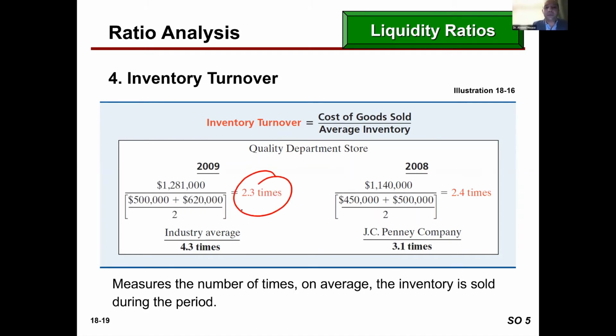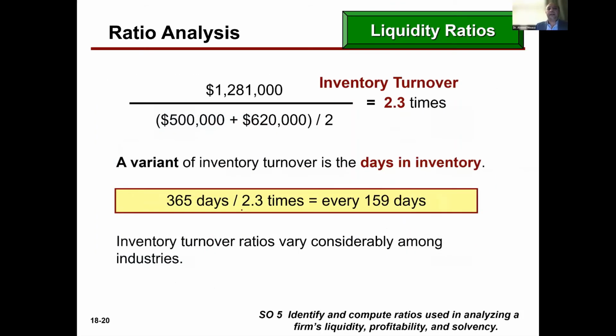What is the benefit of this one? The benefit of this one is in the next slide, which shows days in inventory. How many days does your medicine stay in your pharmacy or in inventory until it is sold? And this is very important because of the expiry date.